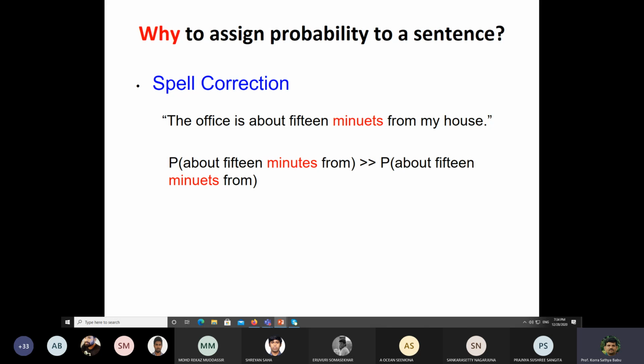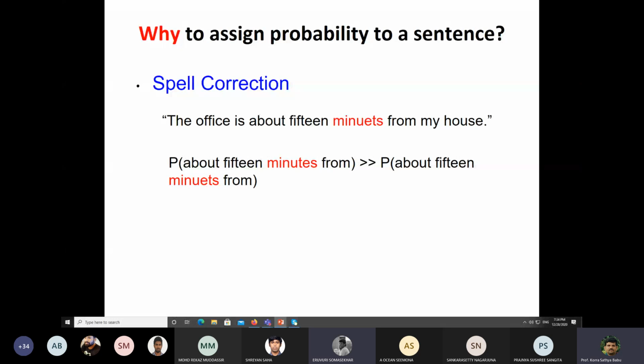Is there anybody who is getting whatever I am speaking? I just wanted to know whether the fault is from my side or from the other side. Is there anybody who is syncing with my slides and voice?